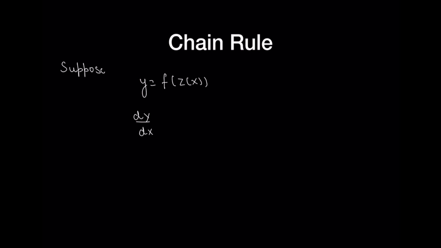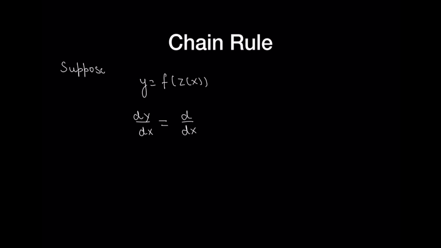But so far in the problems, we have seen that the expression I want to calculate is a direct function of x. Here f is not a function of x, it's a function of z of x. So how am I supposed to calculate the derivative of a function which is not a direct function of x? Well, here the chain rule comes into place.